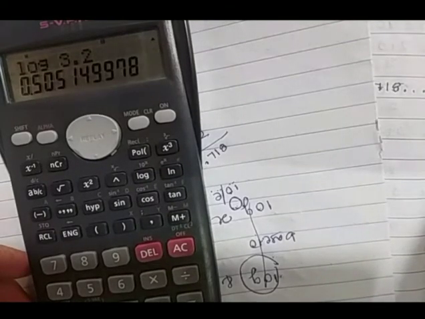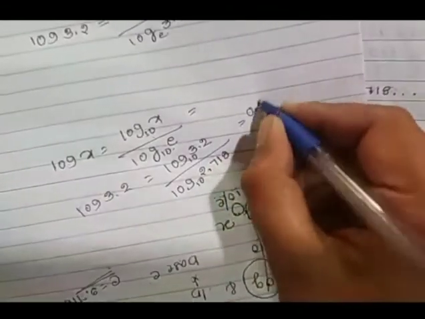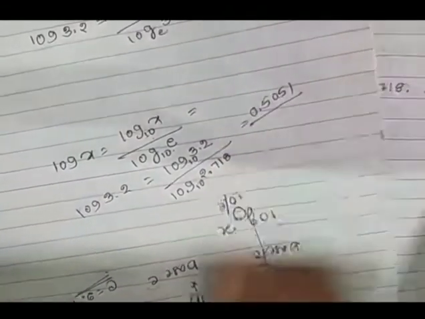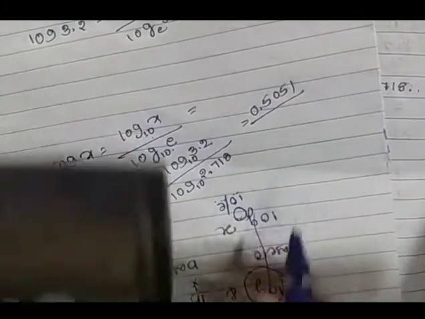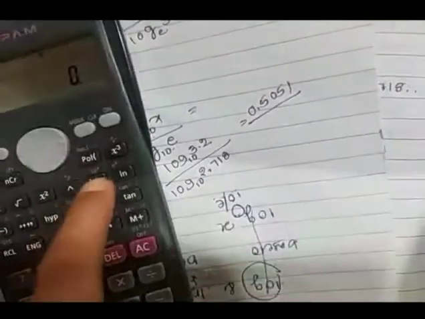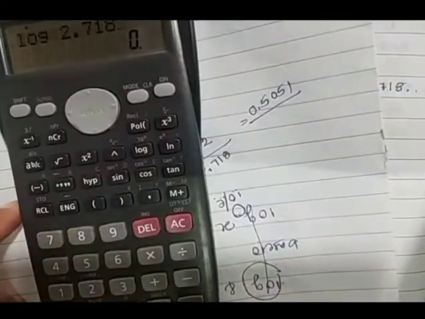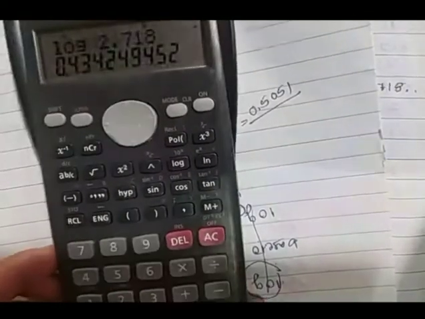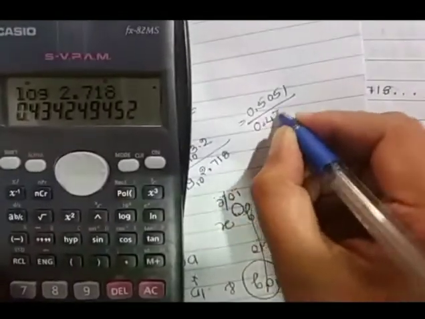The answer is 0.5051. This 0.5051 is divided by log of 2.718 to the base 10. Again the same, log 2.718, and its answer is 0.4342. Now just divide these two values.